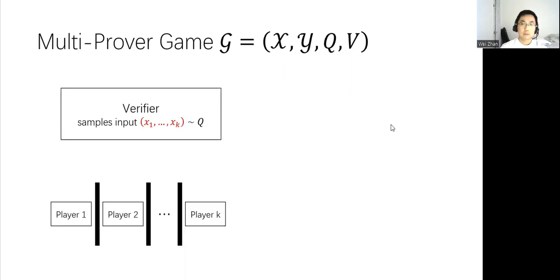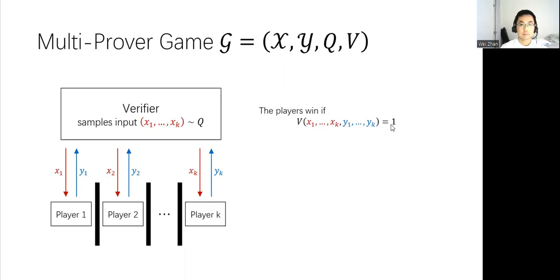Initially, the verifier samples a question or input, which consists of k parts, from a fixed distribution Q, and it sends to player i the ith part of the input. Each player then, based on the part of the input it receives, generates an answer and sends it back to the verifier.